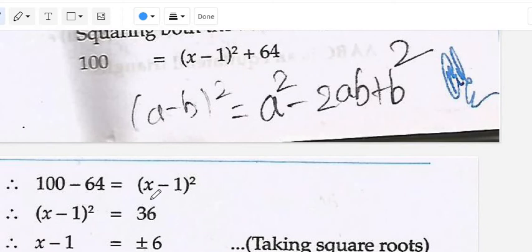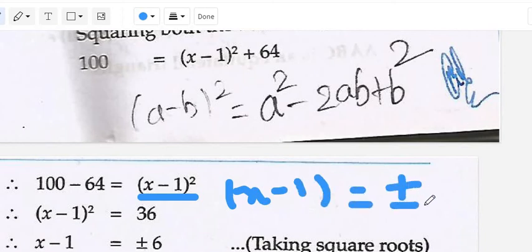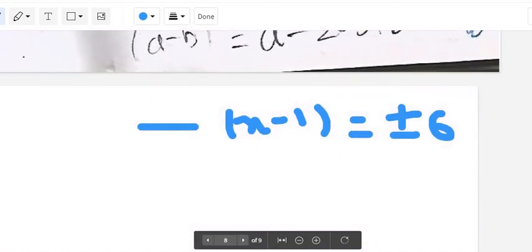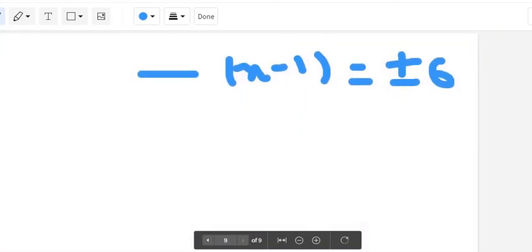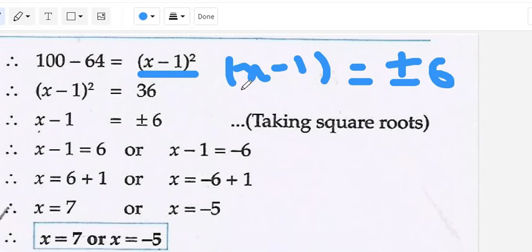36, and this is (x minus 1)². We have to take square roots on both the sides, therefore x minus 1 is equal to the square root of 36, plus or minus 6. We take one time plus 6 and one time minus 6, very easy. Don't use that formula (a minus b)².